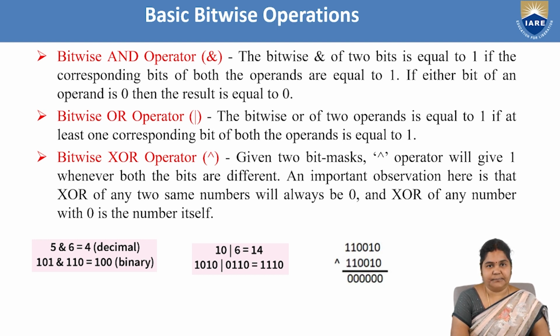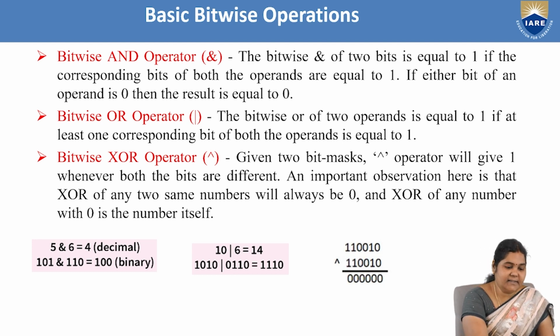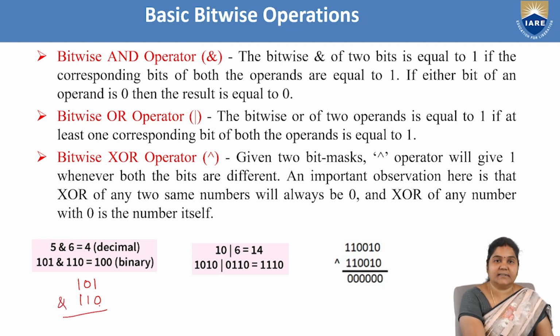Now, let us see some examples of bitwise operations AND, OR and XOR. Take these values 5 and 6. 5 is 101 and 6 is 110. Whenever you apply bitwise AND on this, the AND operator says that when both are 1, then the output will be 1.